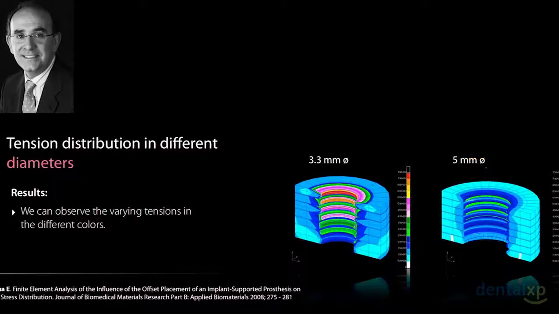For that reason, when we are in an area with severe resorption, it makes sense not to increase the length of the implant but to increase the diameter of the implant. This is the first message that I want to share with you.